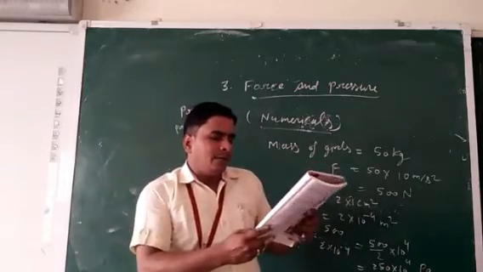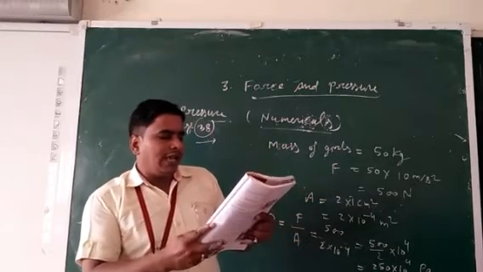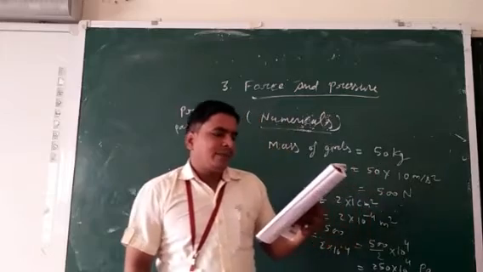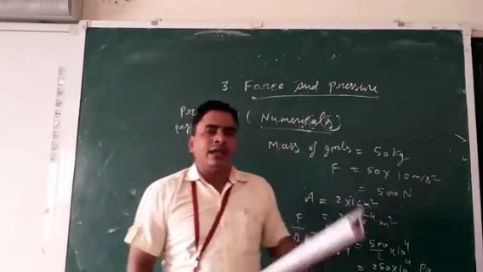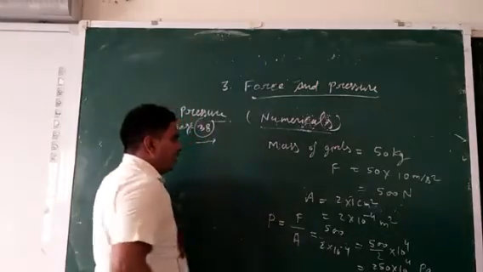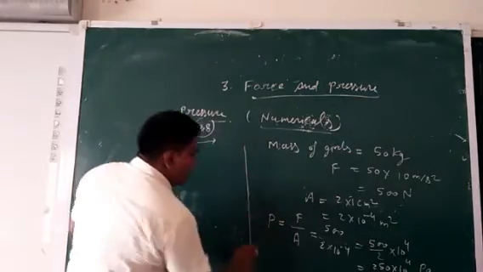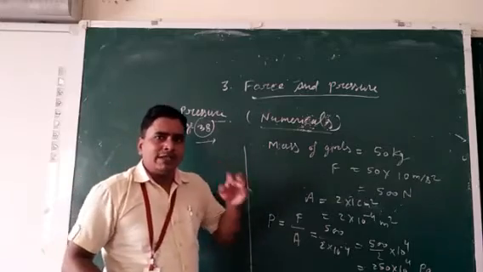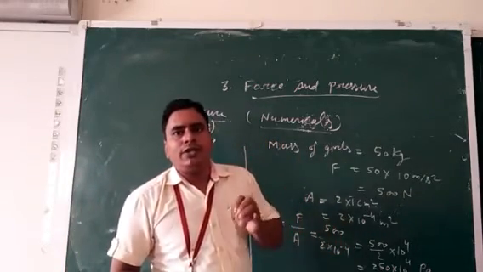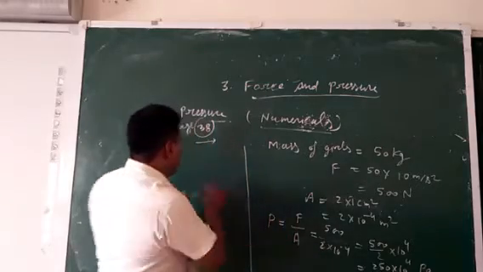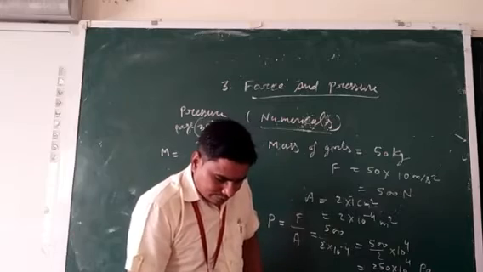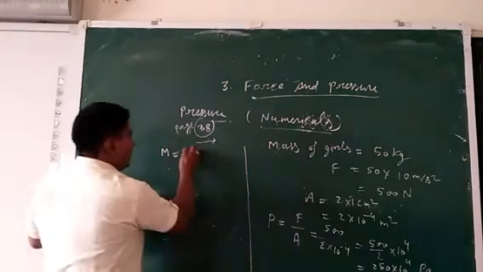One more question is given in the same example. An elephant of mass 2000 kg, foot area 250 centimeter square, standing on a floor. Find the pressure exerted by the elephant. For the second case, the mass of the elephant is given: 2000 kilogram.